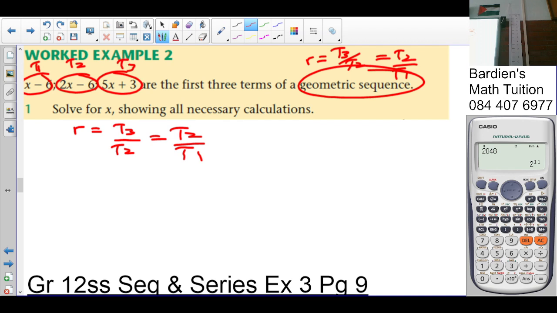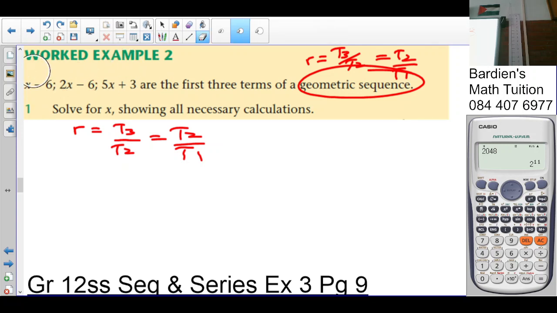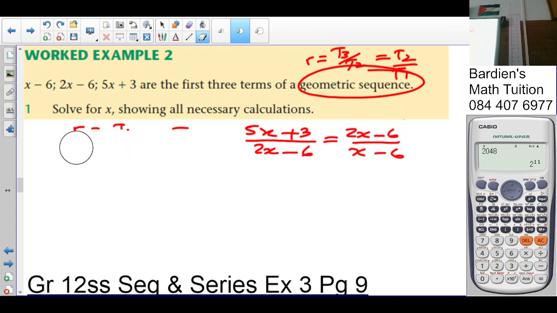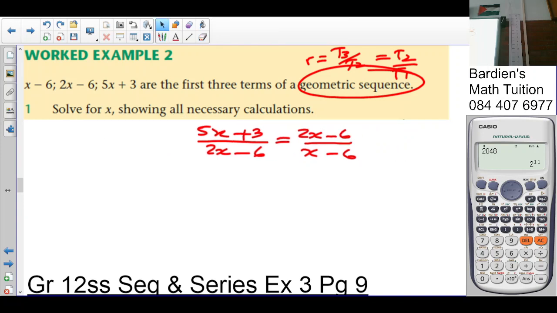So I'm going to say 5x plus 3 over 2x minus 6 is equal to 2x minus 6 over x minus 6. Your common ratio there.